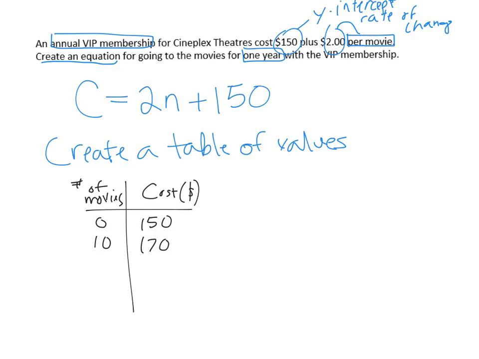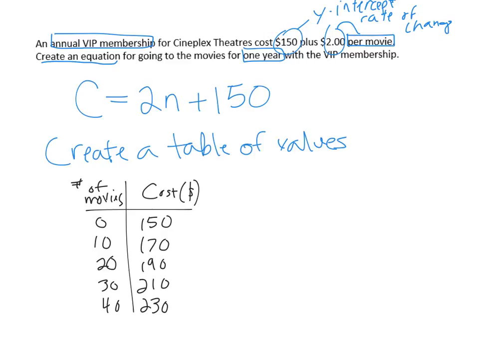If I go to 10 movies, it's going to cost me $170 because it's $2 per movie, so that's 20. Add it to the 150 that I had, I get 170. 20 is going to equal 190. 30 is going to equal 210. And 40 is going to equal 230. Okay, so that's my table of values.